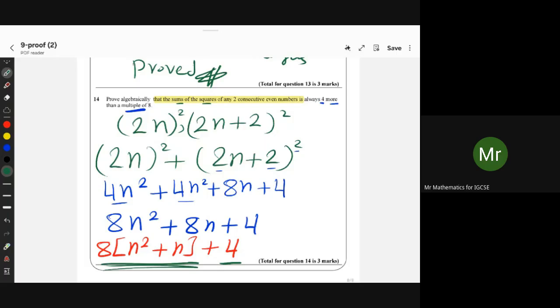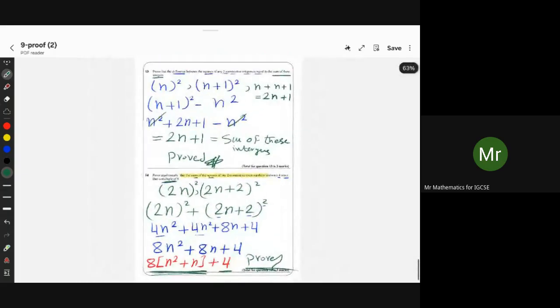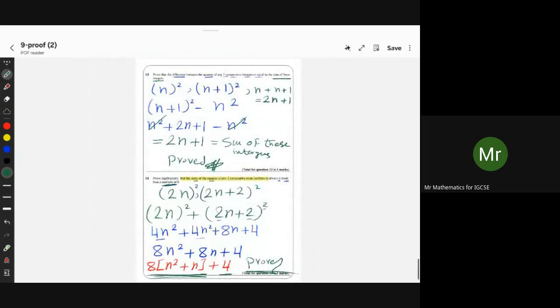It is a multiple of 8. Okay, 4 more than a multiple of 8. Here is the multiple of 8. Here is 4 more. So we are done. Proved. Okay, so here is 13 and 14. It's not an easy question.